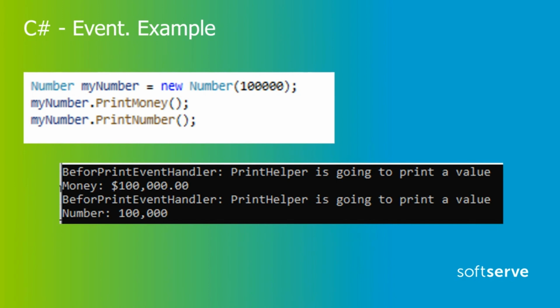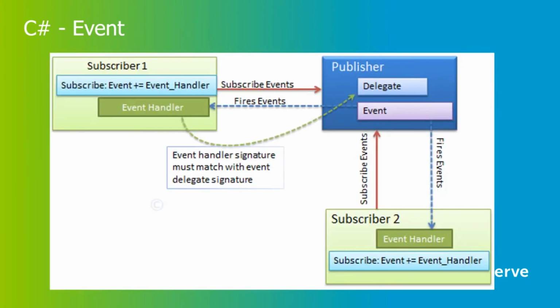And now let's instantiate the Number class and call the printing methods. Events were added to C# for the encapsulation of the union and deletion operations of delegates, and in general for the publisher-subscriber pattern. The sense of the pattern is simple. The publisher provides a subscription mechanism for methods.